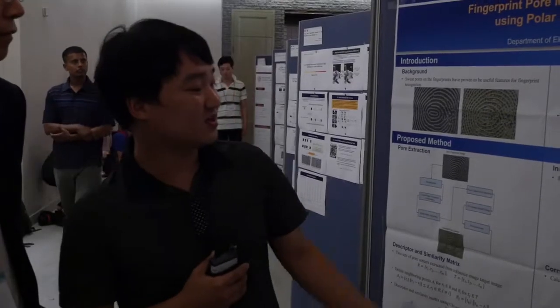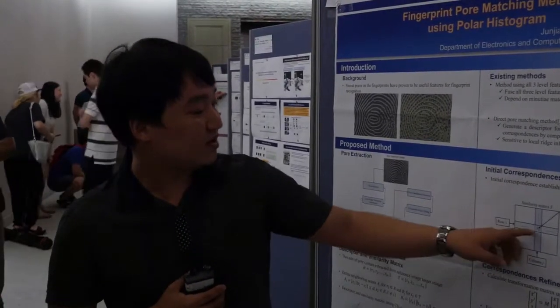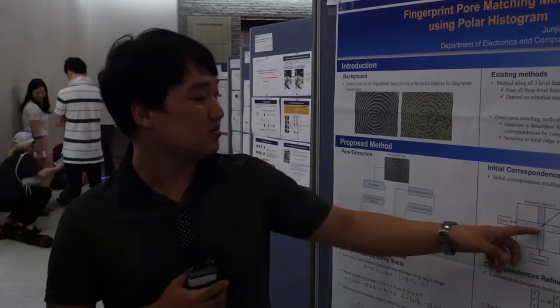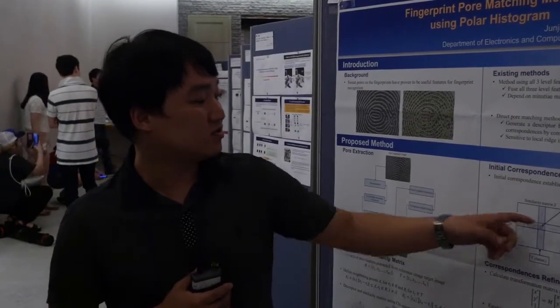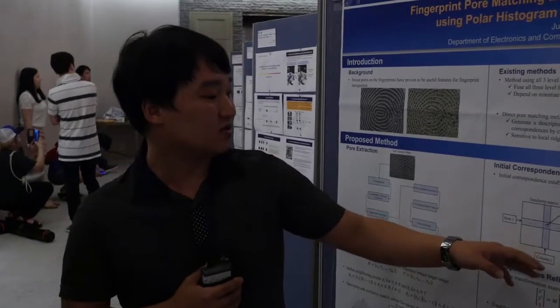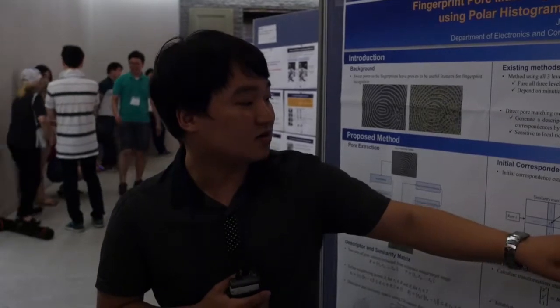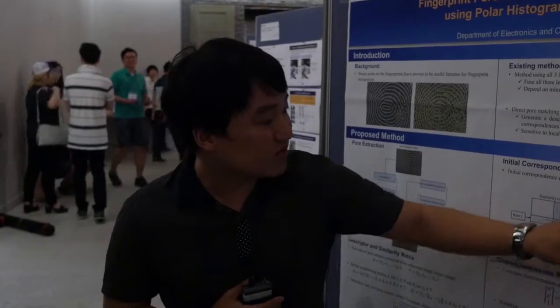Then we scan this matrix S, and if Sij is the minimum in both row i and column j, we consider Ri and Tj a matching point pair.